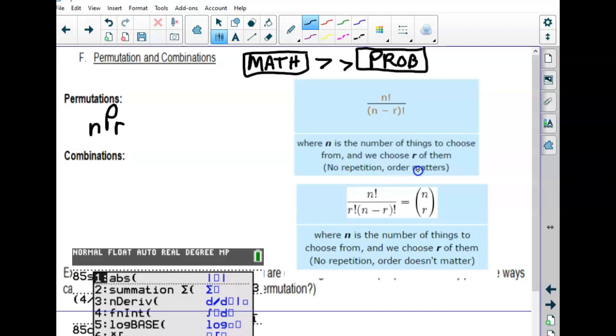That means that we are counting things differently. So picking Bob and then Susie is different than picking Susie and then Bob. The way I remember permutation is: priority matters.